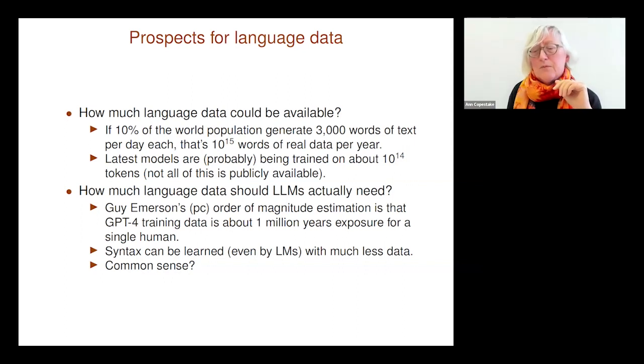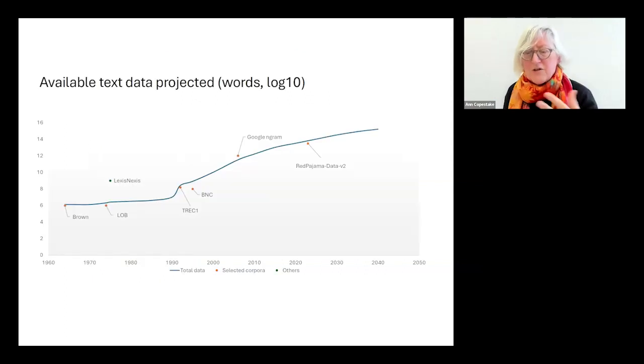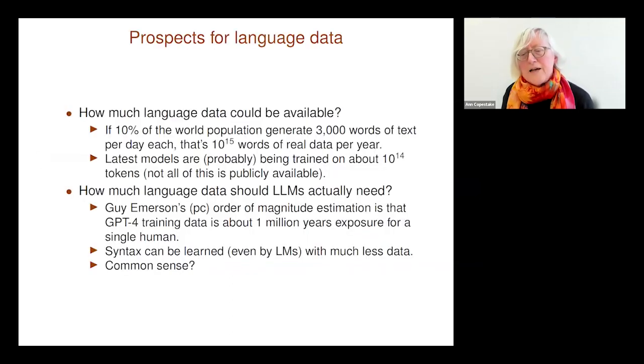And the latest release data set, this Red Pajama data set, I think is 30 trillion tokens. And the latest large language models are being trained on more data than that, some of that data not being publicly available.